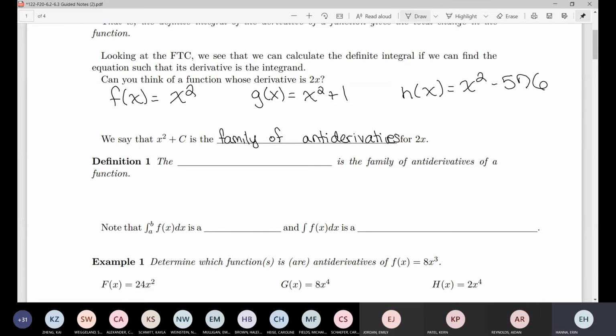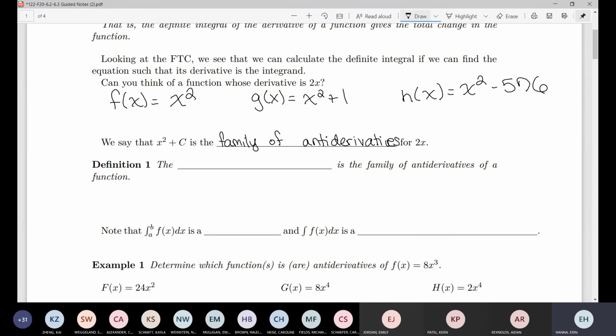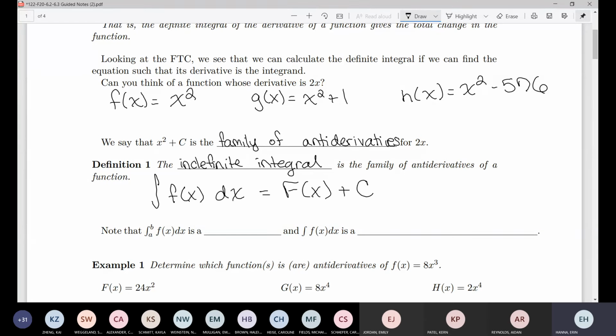So definition: the indefinite integral is the family of antiderivatives of a function. So if we have the integral of f of x dx, this is defined to be, now we use capital F to denote the antiderivative.